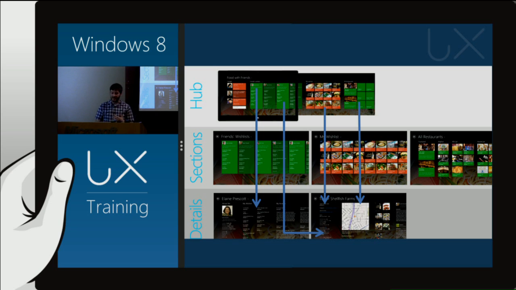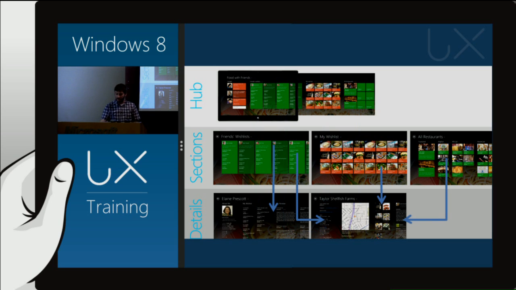I already know that if I tap on a restaurant, I'm going to go into the restaurant details page. These are things that I don't have to think about or worry about. The pattern takes care of it. Similarly, from the second level, from the section pages, same deal. If I tap on the group headers, it's going to take me to those section pages. These are things that I know in advance, and this is the thing that users know. This is the thing that app designers don't have to worry about.